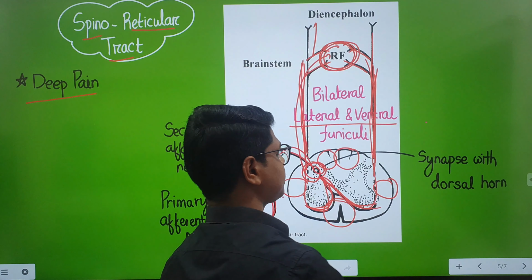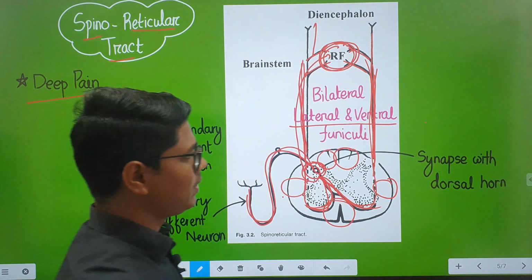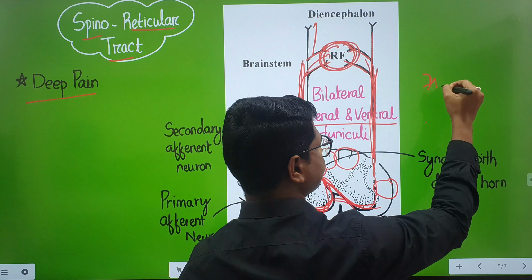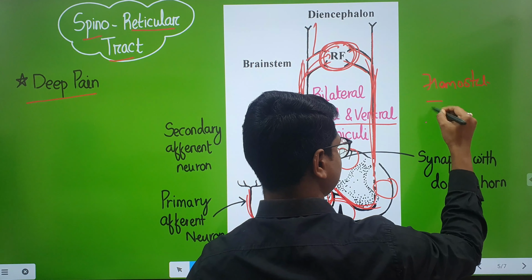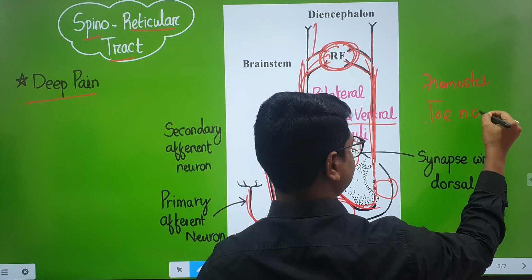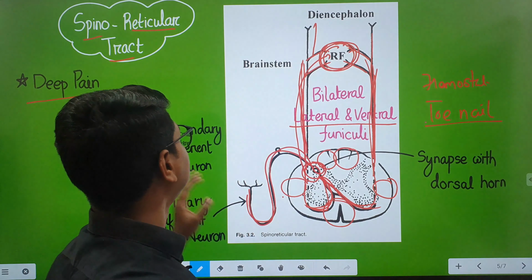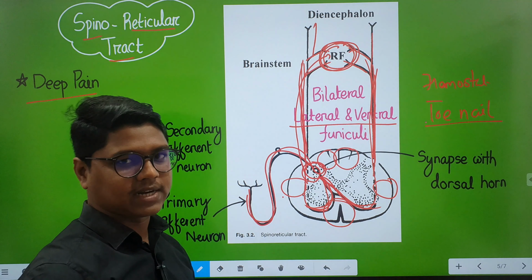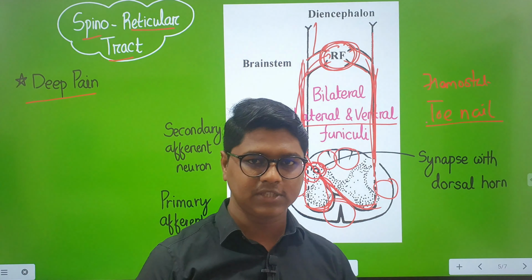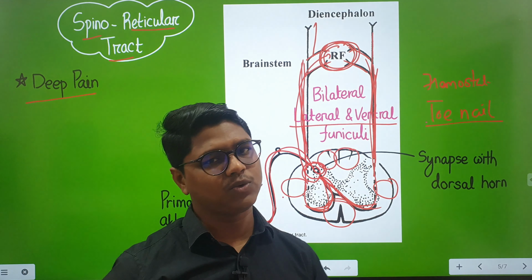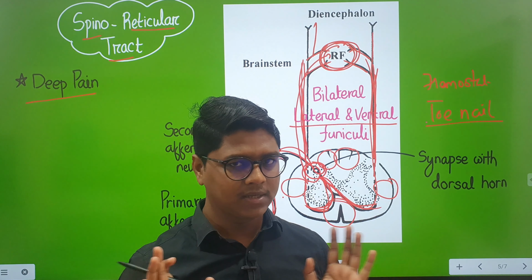For the Spinoreticular tract, you have to apply the hemostat at the base of the toenail. If the animal responds, then you can say the Spinoreticular tract is intact. These are the testing methods for these two main tracts. The trigeminal is only for the head region, but these two are for the rest of the body.